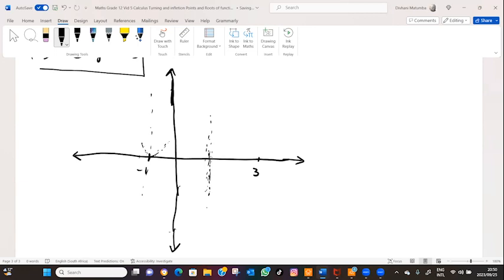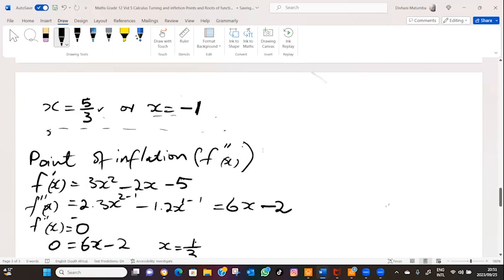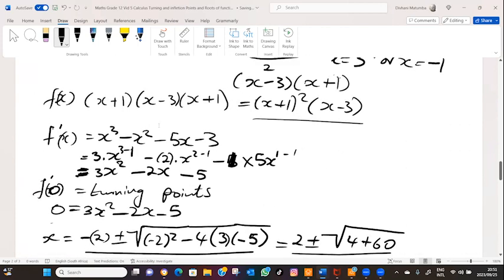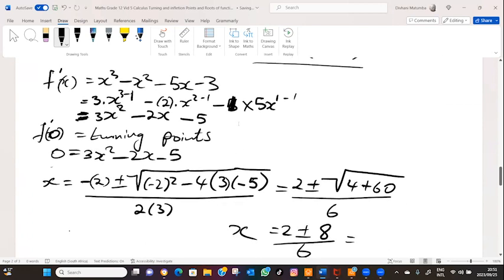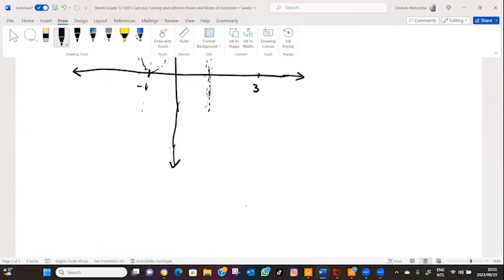Now, I want to test curvature. I want to see if the curve is like that or it's like that at that point. Now, I'm going to go to the derivative function and try to replace with a value.